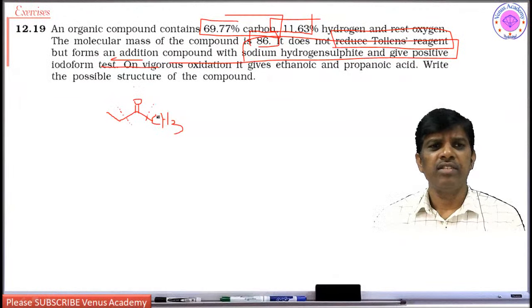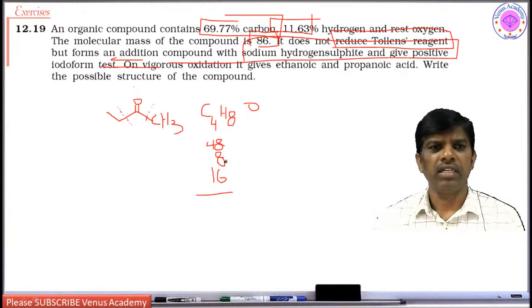So let us count the carbons, hydrogens and oxygen. 1, 2, 3, 4 carbons, C4, and 1, 2, 3, 4, 5, 6, 7, 8 hydrogens, 1 oxygen. So 12 fours are 48, plus 8, plus oxygen 16.